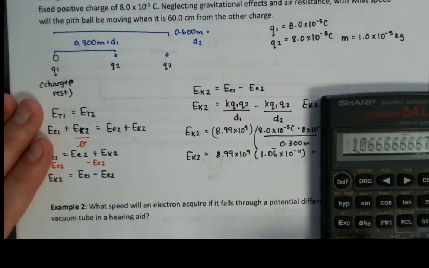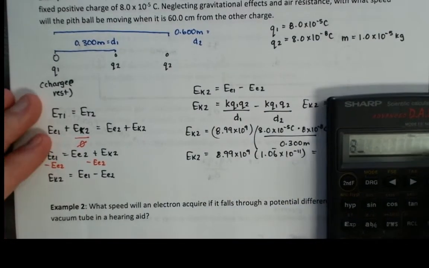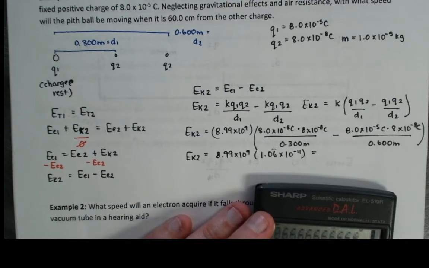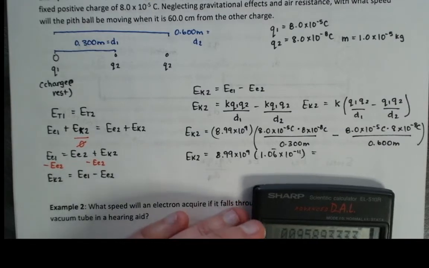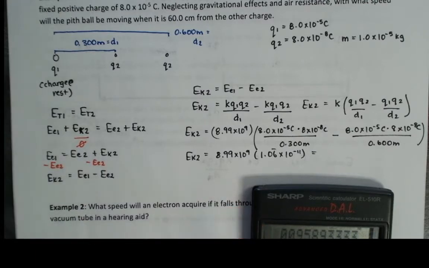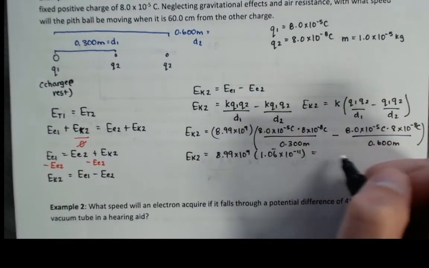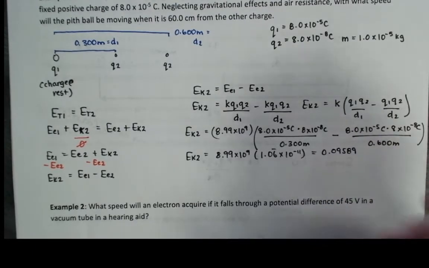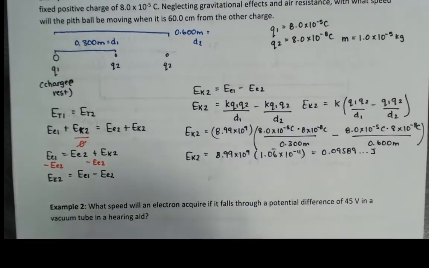Multiply that by 8.99. We get 0.09589, and that would be joules.